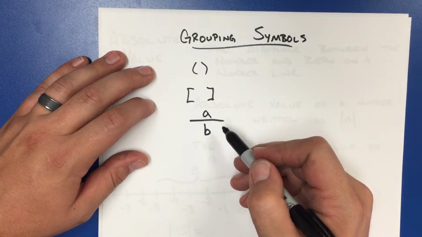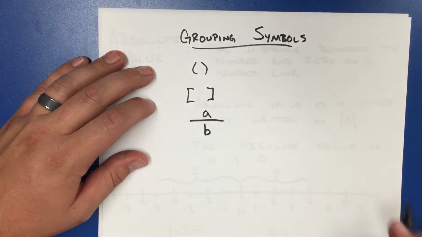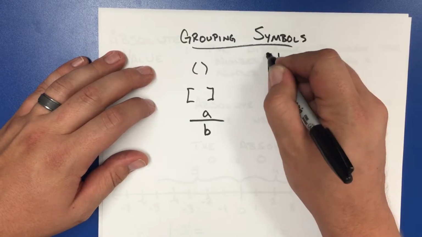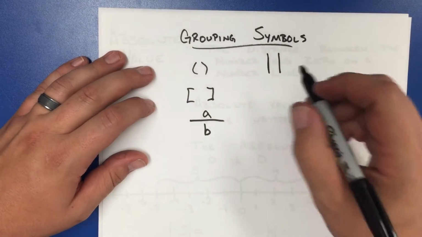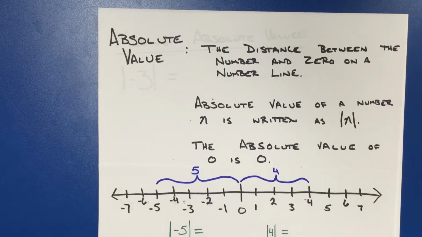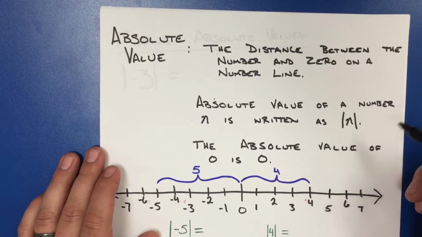I have to do all of the numerator first, and all of the denominator first, before I can do the division. Now we have absolute value bars. So our list of grouping symbols is growing, and we have to treat these as grouping symbols as well.